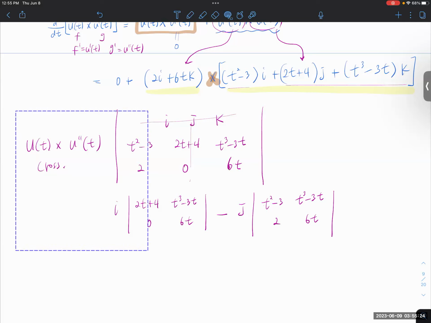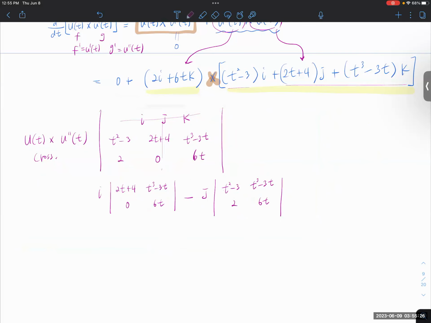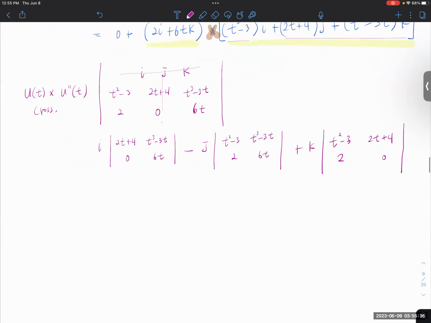I'm going to minimize it. Plus k, t squared minus 3, 2, 2t plus 4, 0. So we have i times 6t times 2t plus 4 minus the 0, minus j, 6t times t squared minus 3, minus 2 times t to the third minus 3t.